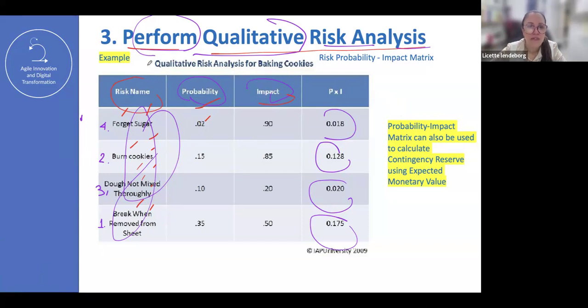The objective of this process is to organize and prioritize the list of risks. When you multiply probability by the impact, you get a score. You use this number to organize and prioritize the list. That is a qualitative risk analysis.